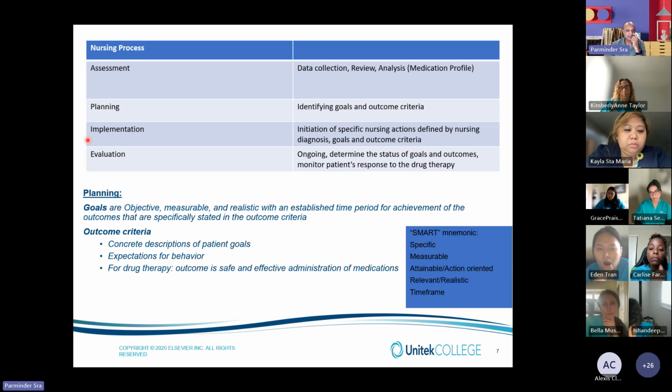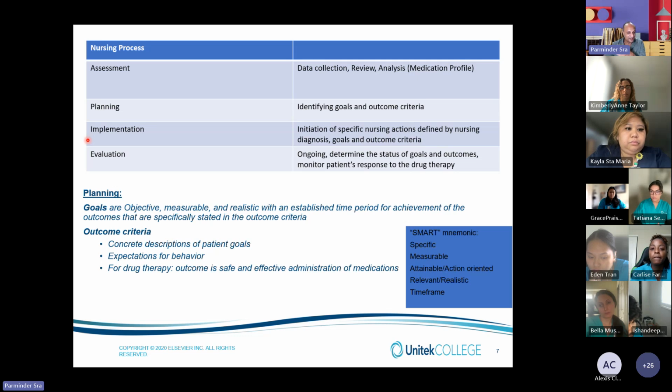For implementation, same problem. Now, you as a nurse start administering oxygen, say 2 liters per minute via nasal cannula. You reposition the patient. You teach them breathing techniques to improve oxygenation. Now, those were your implementations.